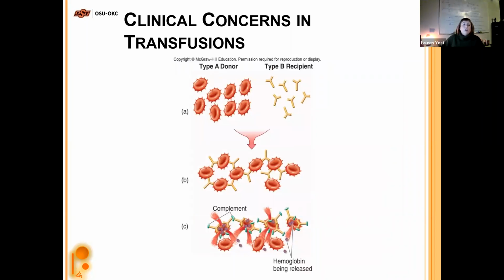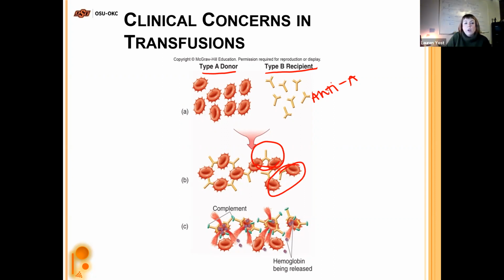So what is going to go on whenever you have a mix-up here? A type A donor and a type B recipient. They have anti-A antibodies. So we transfuse the B person with the A blood. Their antibodies are going to interact with the markers on the surface of those A blood cells, right?